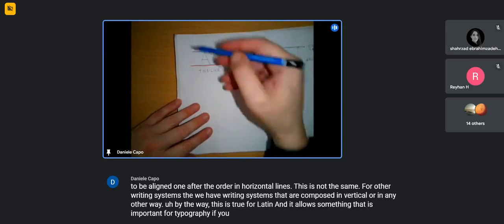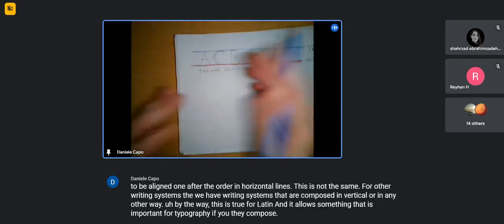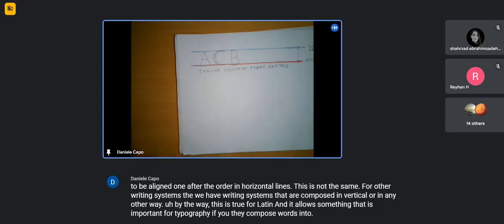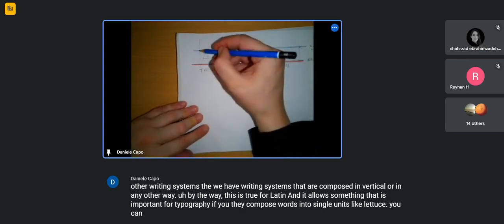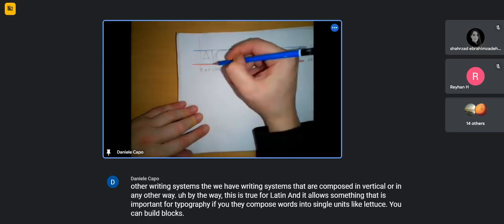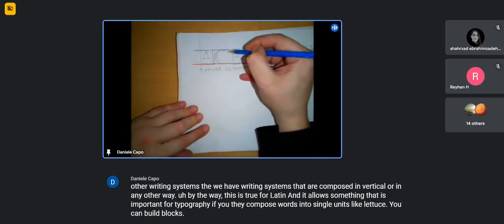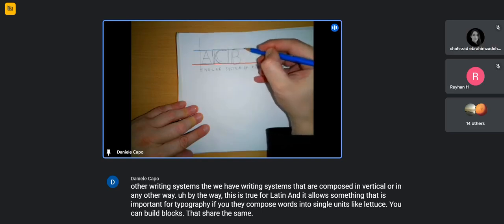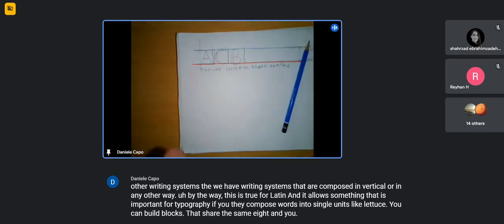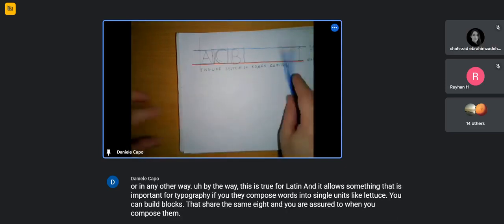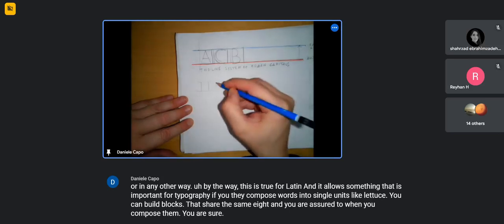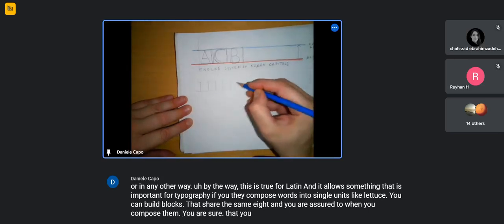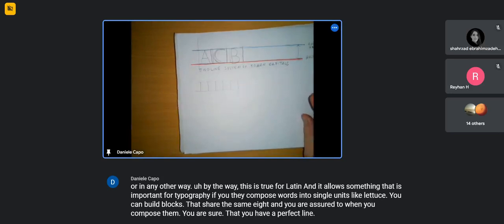If you decompose words into single units, like letters, you can build blocks that share the same height, and when you compose them, you are sure that you have a perfect line, okay?